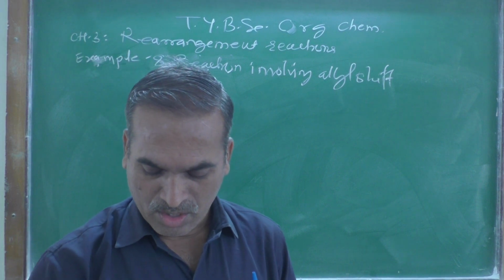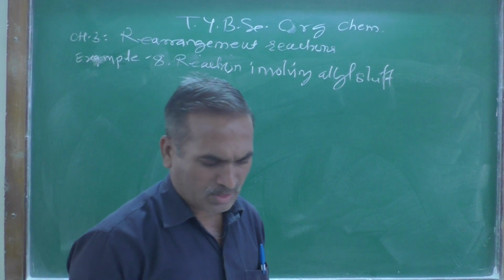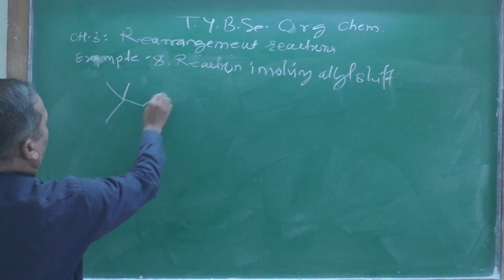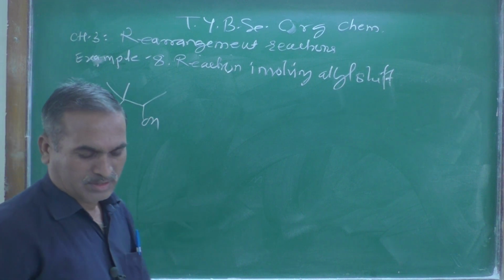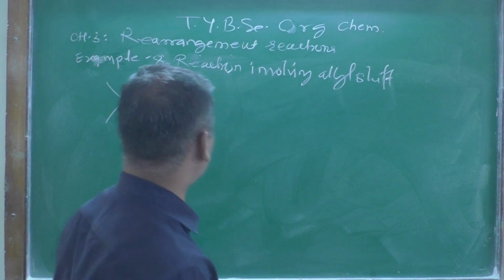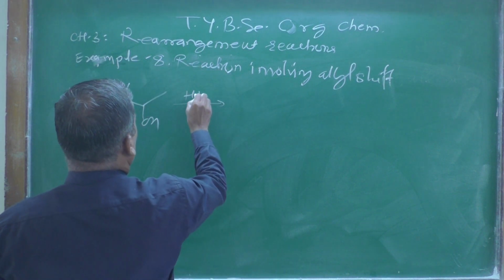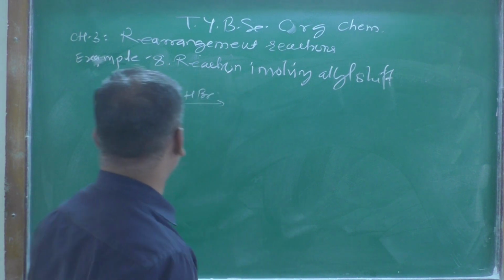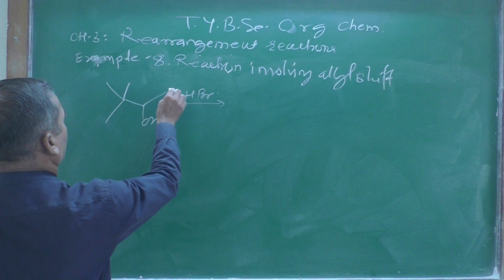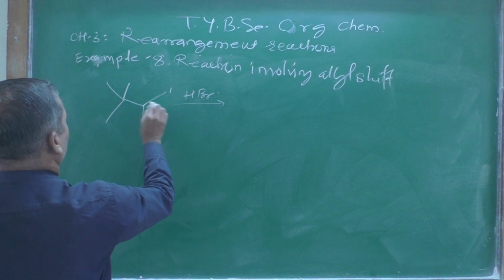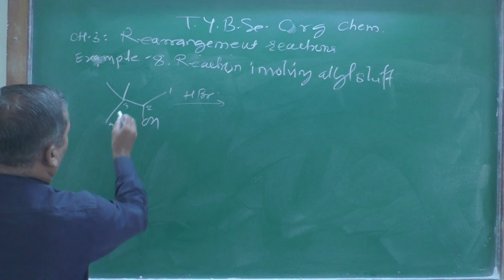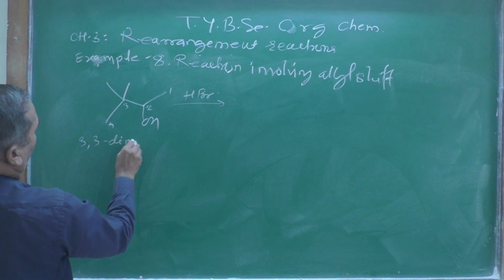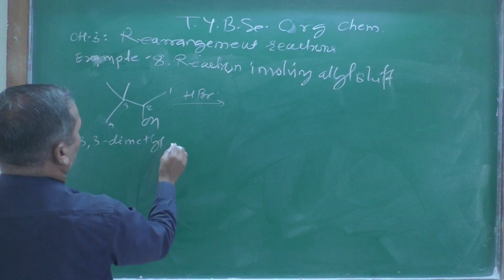So here, let us see, here is the example: this is OH, and this one is treated with HBr, that is hydrogen bromide. So what would be the IUPAC name of this compound? You can give the number from this side, 1, 2, 3 and 4. Look at 3 position, there is 3,3-dimethyl, so 3,3-dimethyl-2-butanol.